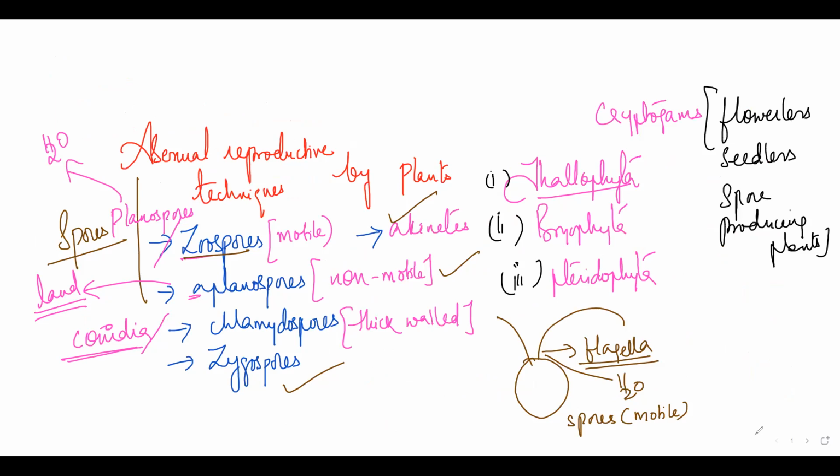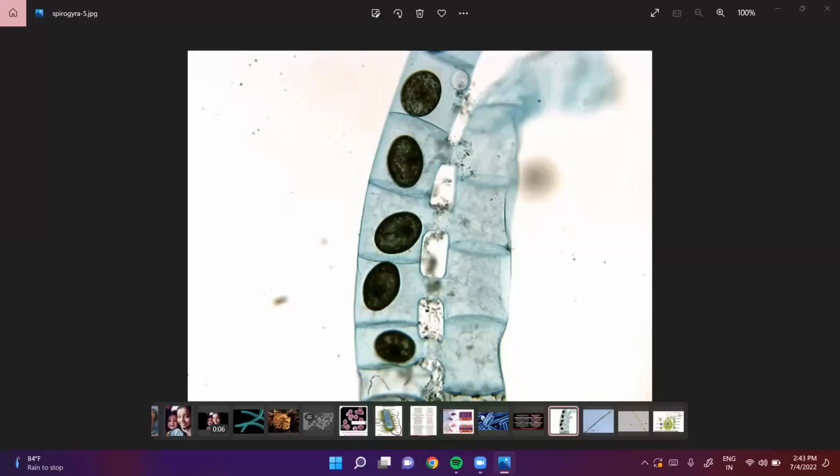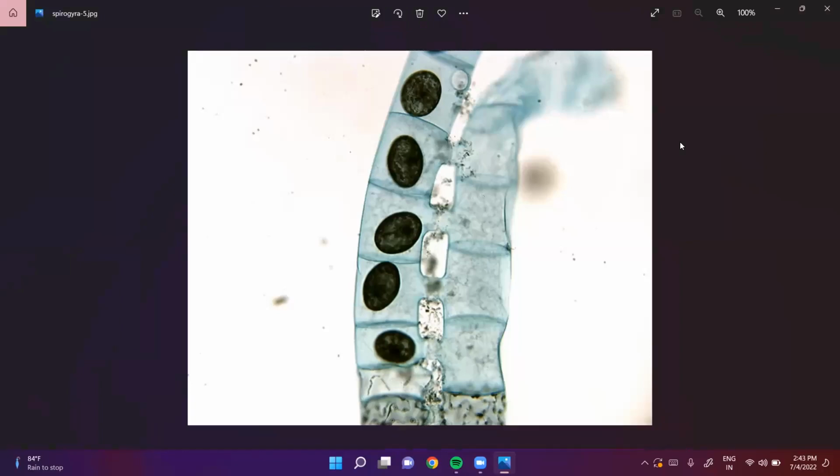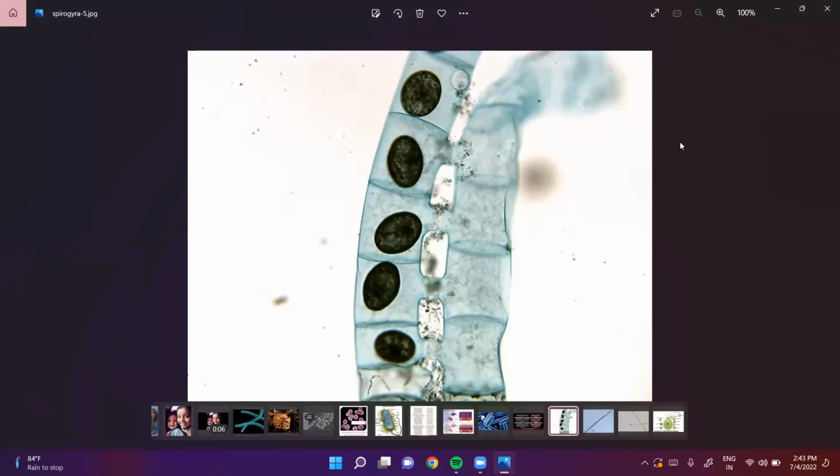We have learned about the zoospores, aplanospores, and the chlamydospores in fungi, and akinetes. Now, let me show you all the different types of spores that we have learned today. The one you are seeing on the screen is a Spirogyra, where you can see the conjugation tubes being formed, and they are trying to exchange.